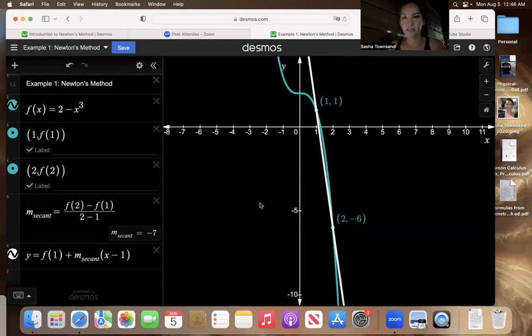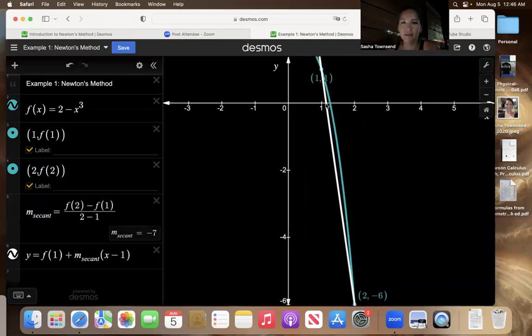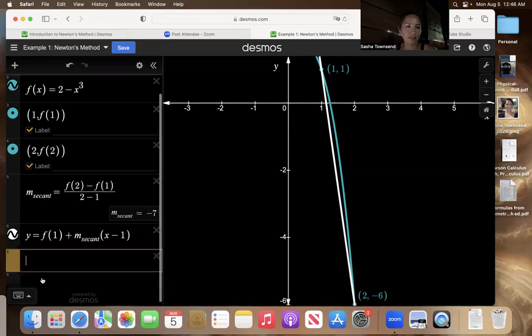And so we see that that secant line and the original function have an x-intercept that is very, very close to each other. So if I want to find that first x value, or that first approximation to that 0, I set the y value on this tangent line equal to 0 and solve for x.